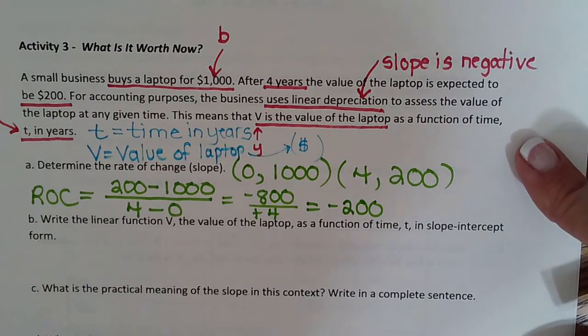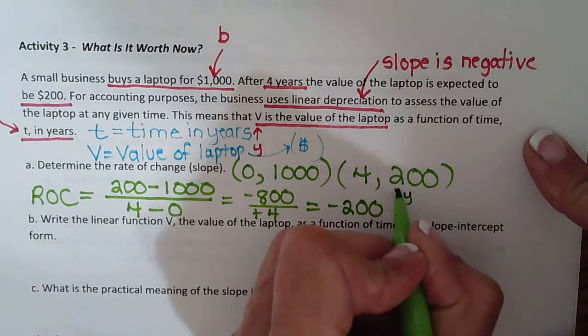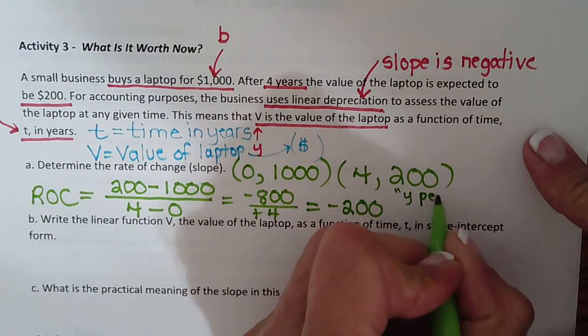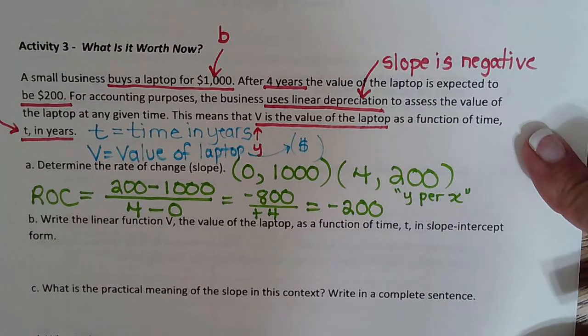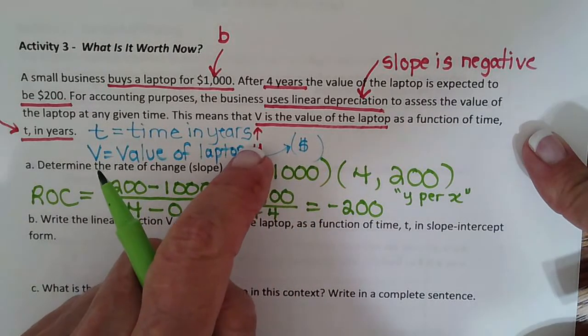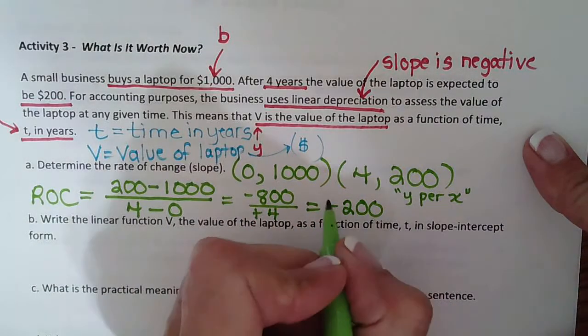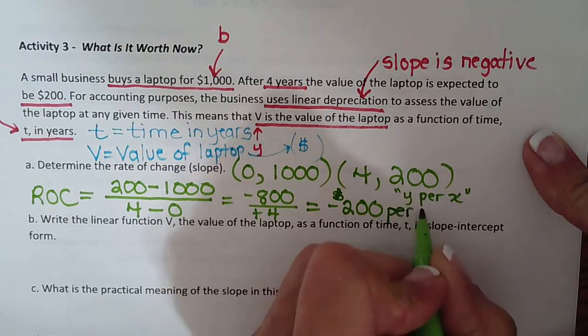So negative 800 divided by 4. It's rate of change, so it does need to be labeled Y per X. So let's just write that up there. You can never write it enough. The more you write it, the more it will just pop into your memory when you're taking a test or a quiz. So dollars per year.